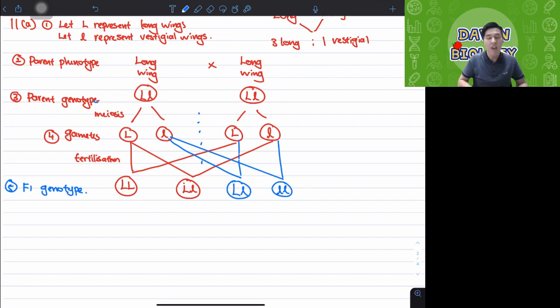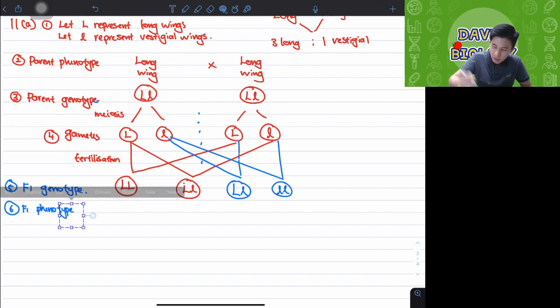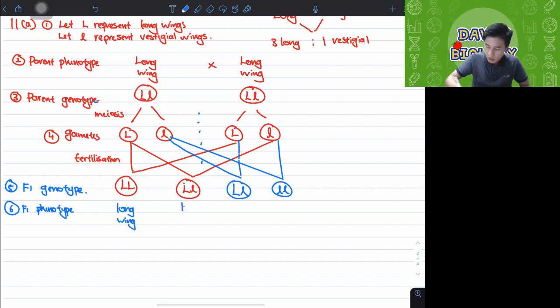F1 means filial, first filial generation, meaning the first generation of the children. Then number 6, F1 phenotype. So this one is long wing, and small l is vestigial.